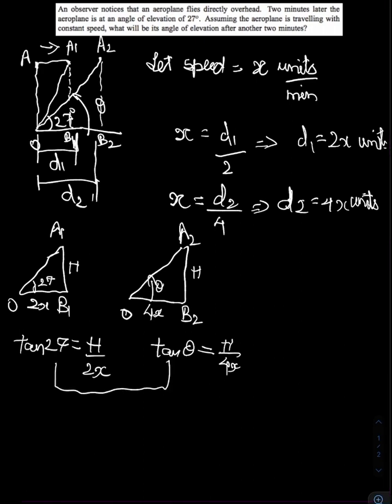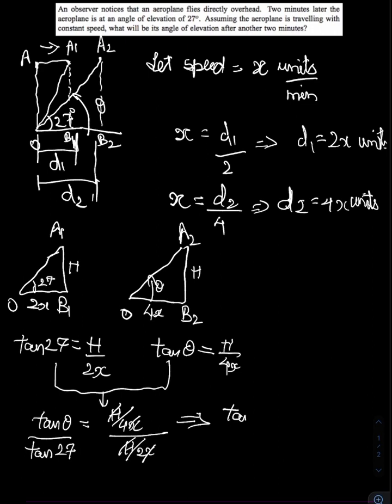These two equations, let's divide them. So we get tan theta is equal to h by 4x divided by tan 27 is equal to h by 2x. h gets cancelled out here and x gets cancelled out.